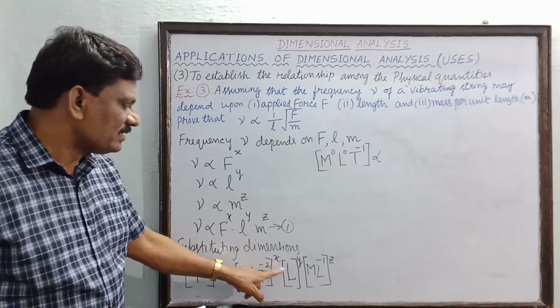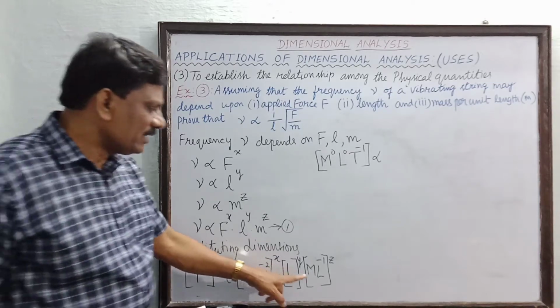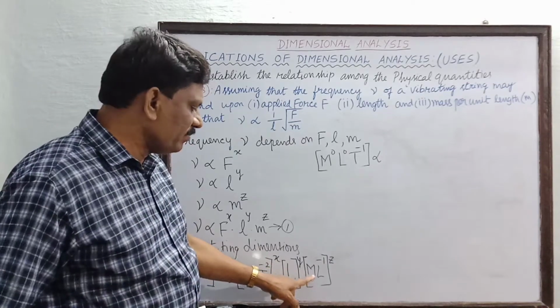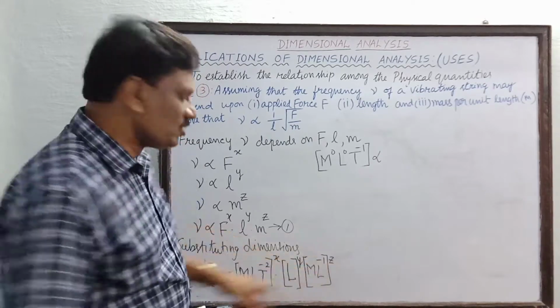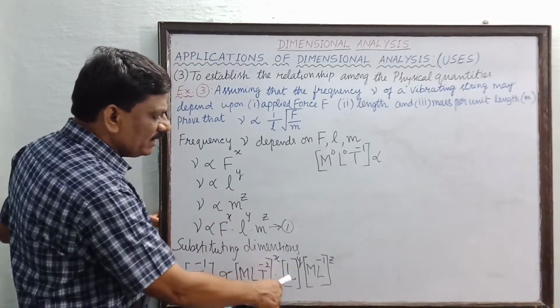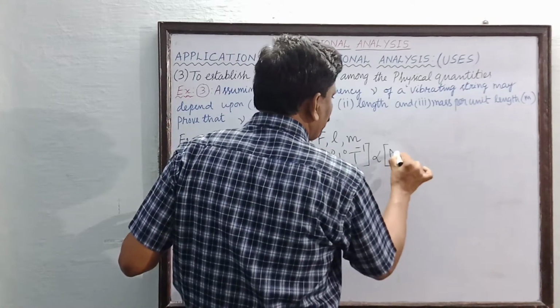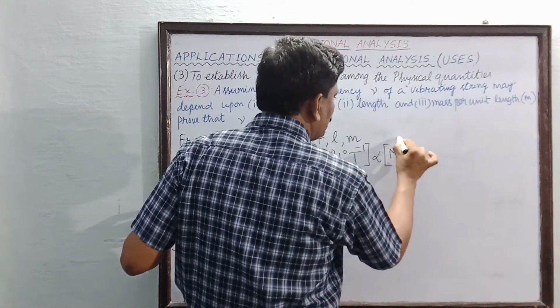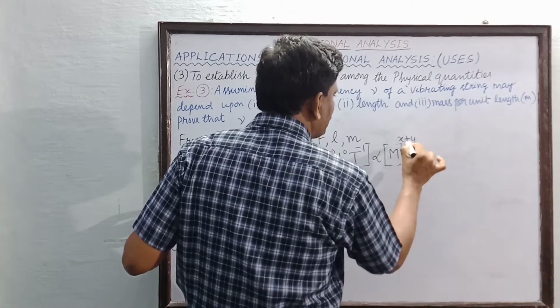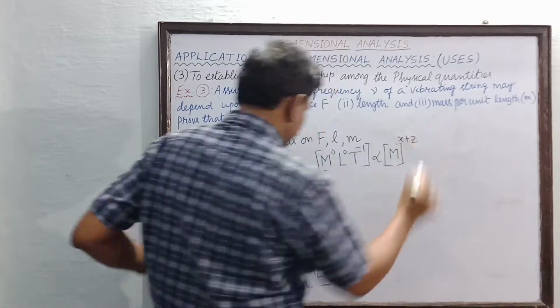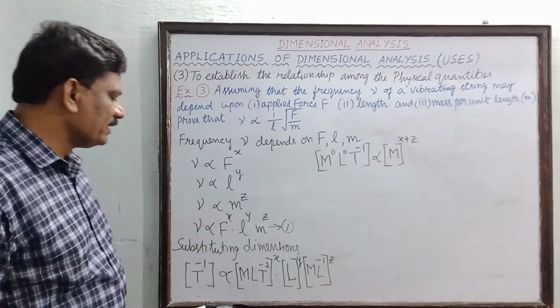The second bracket has no mass term. The third bracket has the mass term M raised to the power z. So totally M power x into M power z is M power x plus z.